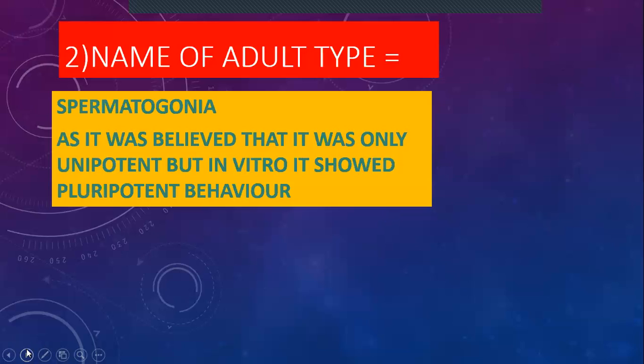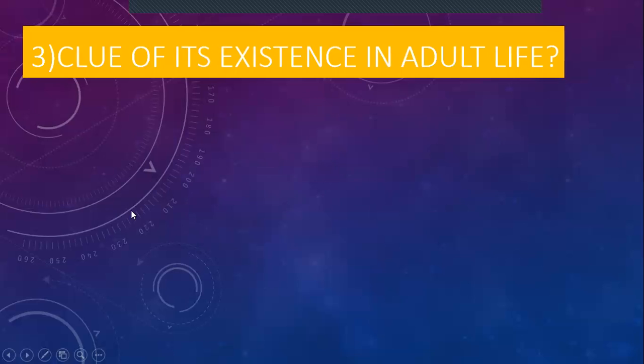We don't need to inject external, like doctors who don't respect the dignity of this profession. They lie to the patient and say, we will inject you by stem cells. The clue of its existence in adult life.